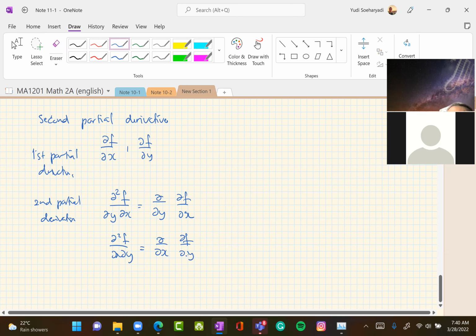Okay. Apart from those two, we also have this, which is now clear. This is d/dx of df/dx, so the second derivative with respect to x. Similarly, d/dy of df/dy.